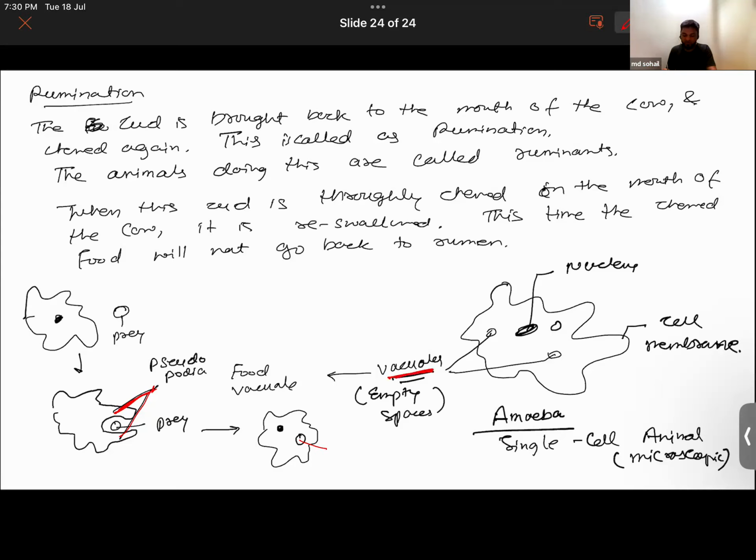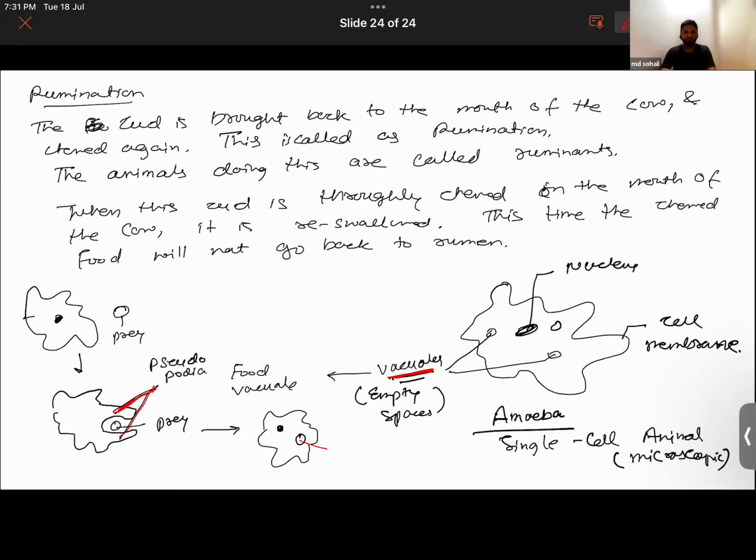In the vacuole there are some digestive juices. The digestive juices present inside the vacuole will act upon that prey and start to digest the body of the prey. In this way, the food is obtained by the amoeba. All right, guys, and it will utilize the energy obtained for growth, maintenance and multiplication as well.